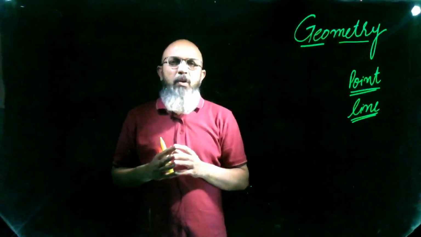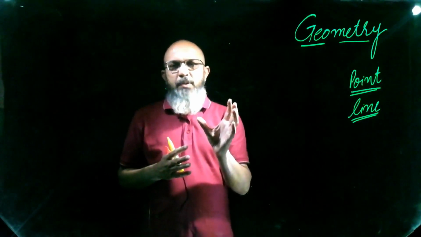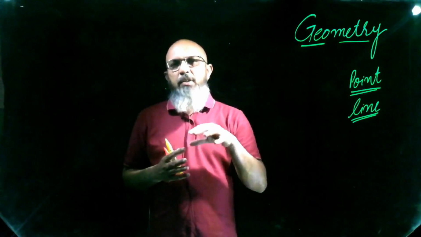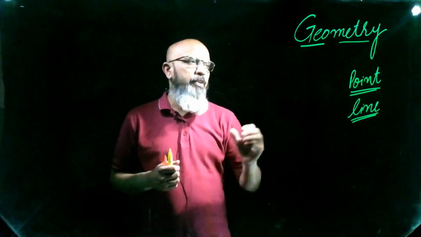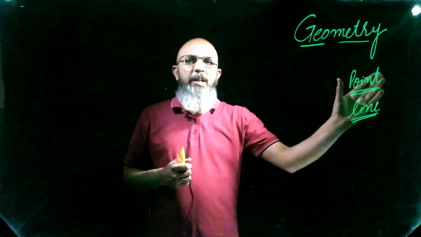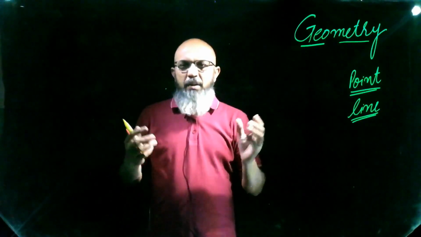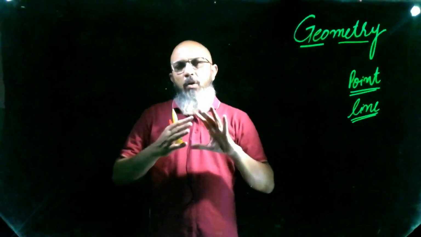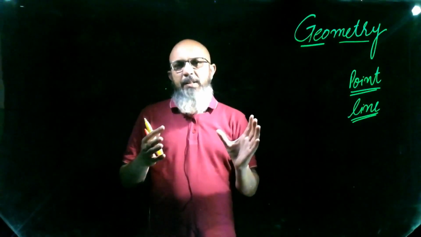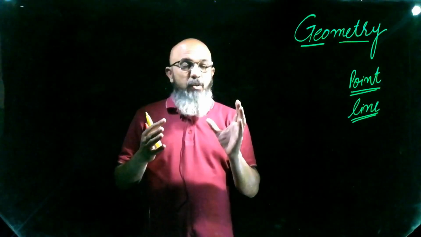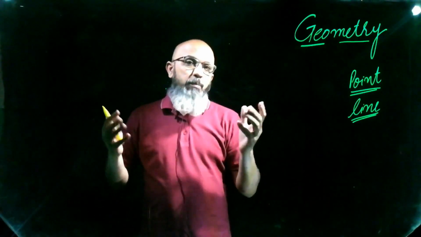First of all, what are the basic concepts on which the geometry branch stands? First I write there: point. All geometrical figures are a collection of different points. So what is a point?